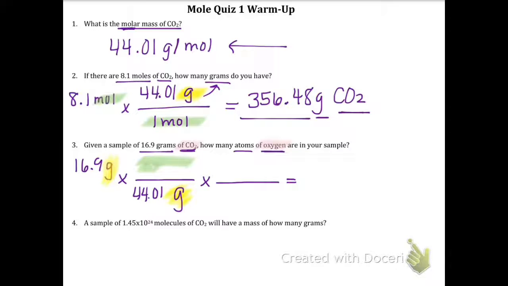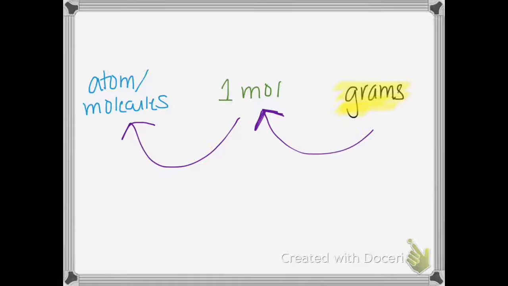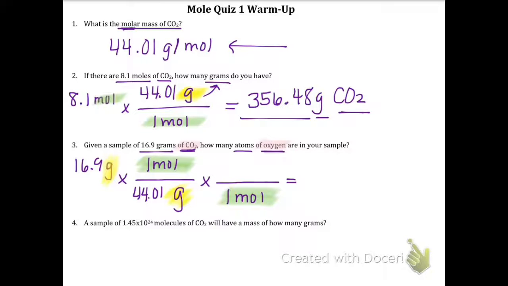Every fraction needs a green. Whatever's on top must come on bottom, so I'm going to go to 1 mole. And then the destination here is my molecules, so it's my blue color here. It's going to be Avogadro's number.